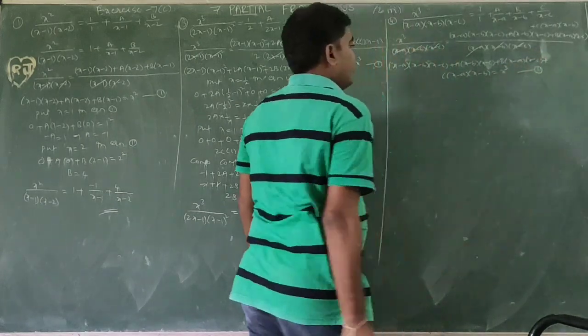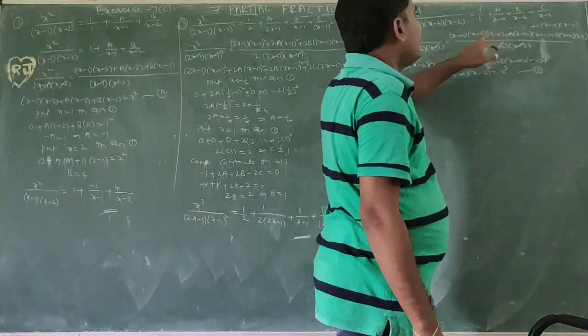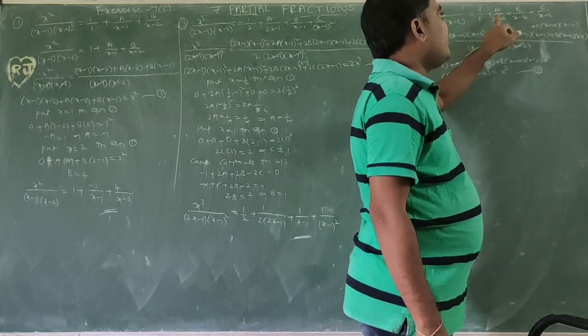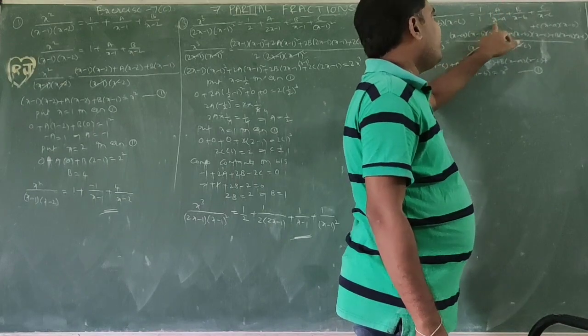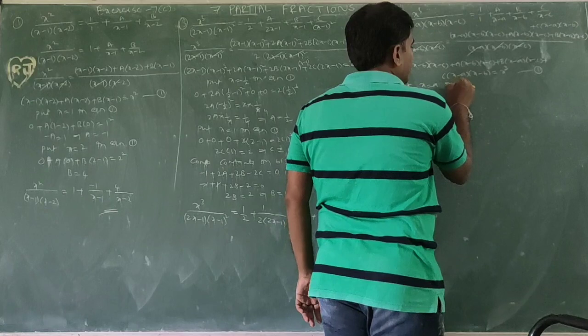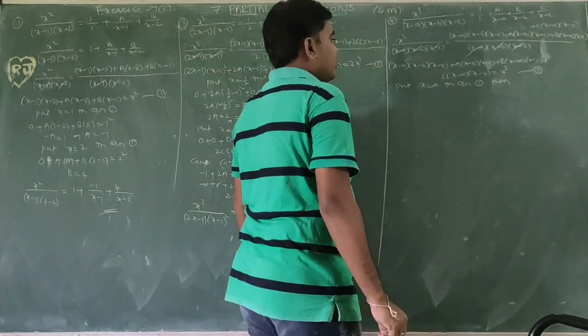Equation number 1. Put what we need to substitute. So we need a, b, c: the denominator x minus a, this is 0, then we will get a value. When it is 0, put x equal to a in equation 1. Then what happened?